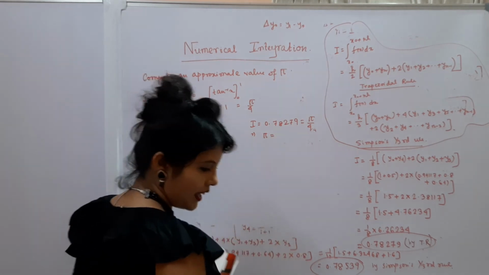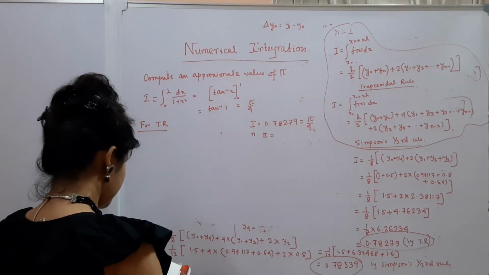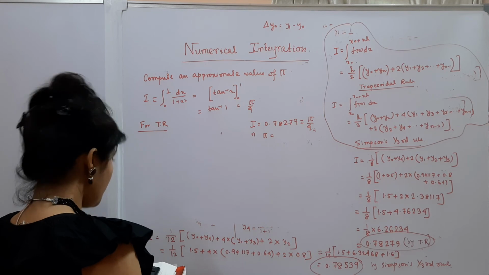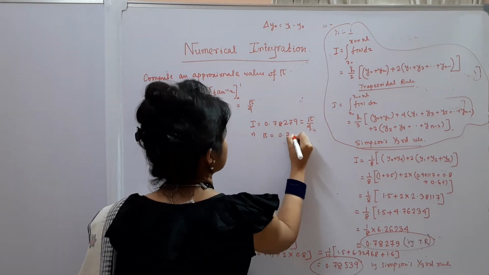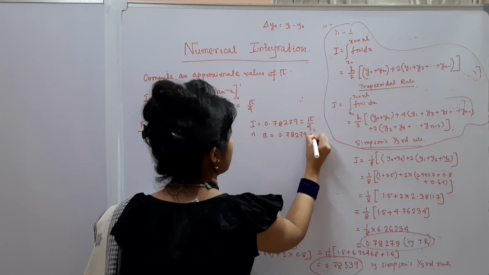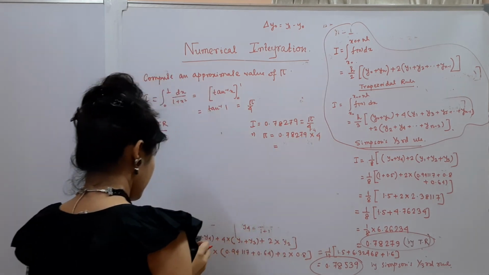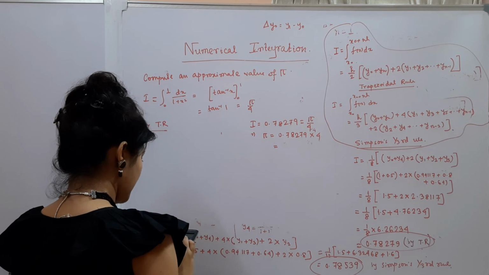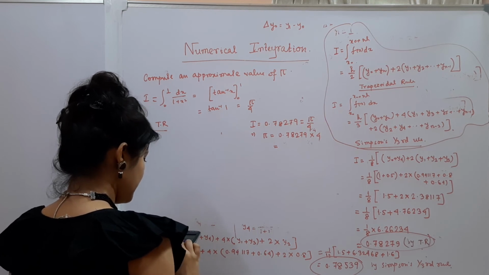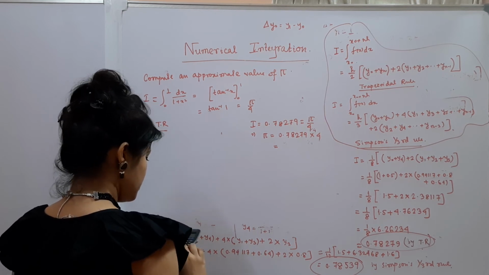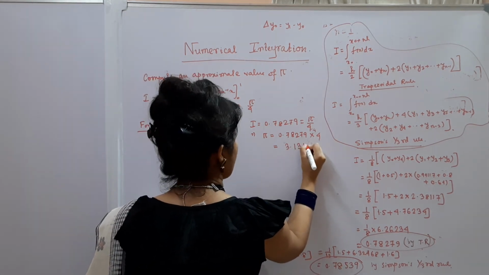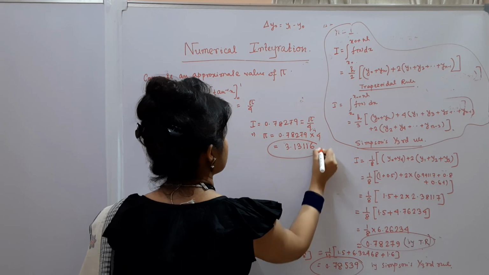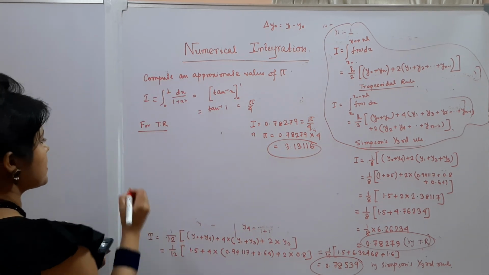For this case pi is 0.78279 into 4, so it will give you 3.13116. This is the pi for trapezoidal rule.